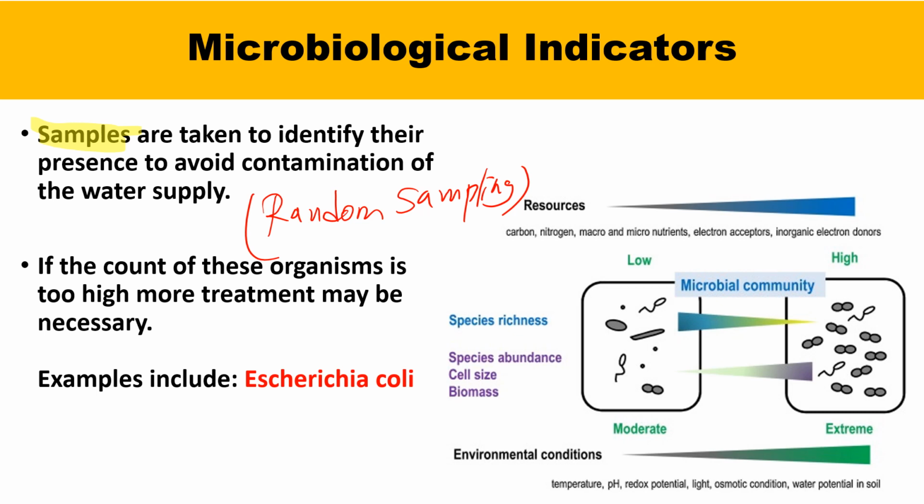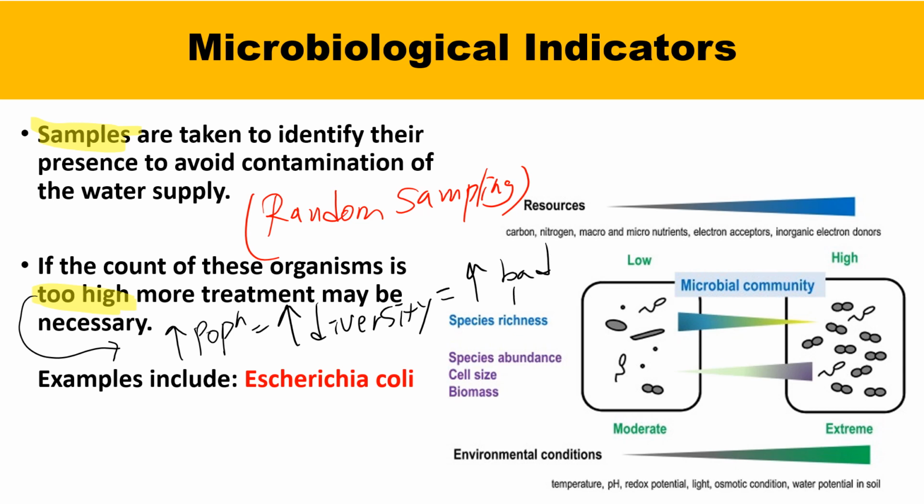If the count of these organisms is, let's say, too high, so you took some samples and you have a lot of population going on, that means, naturally, you need to understand that with high population, you may have a high amount of diversity. That means a high possibility of having bad bacteria that may affect our body. So that means immediate treatment is recommended.